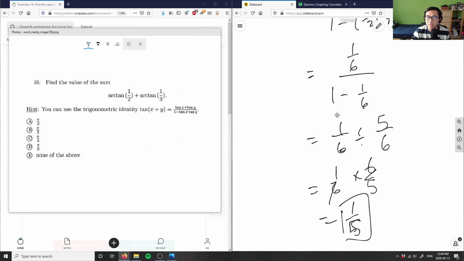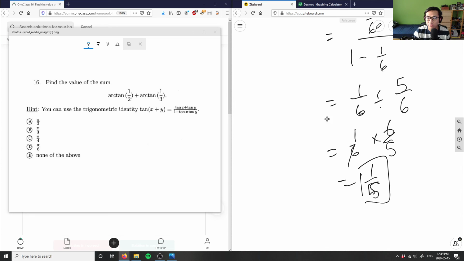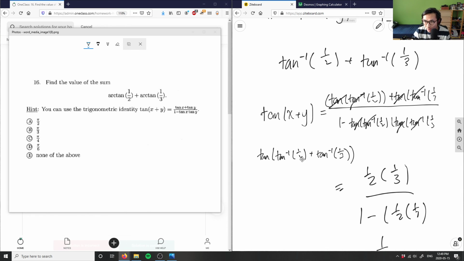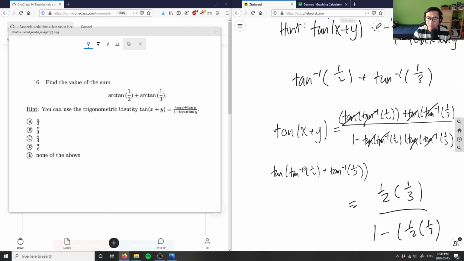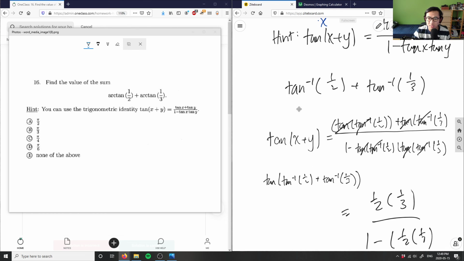So it means that the tangent of all of these guys here is going to equal 1 over 5. And that's going to be expressed in this kind of fashion here. 1/5 is going to equal the tangent of x plus y.